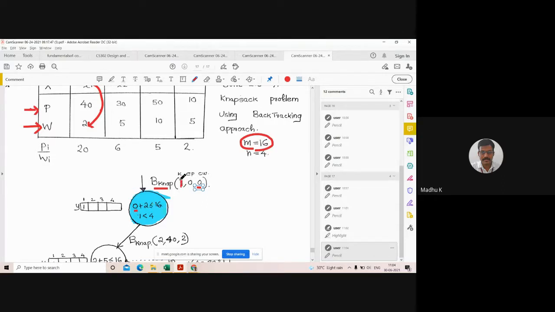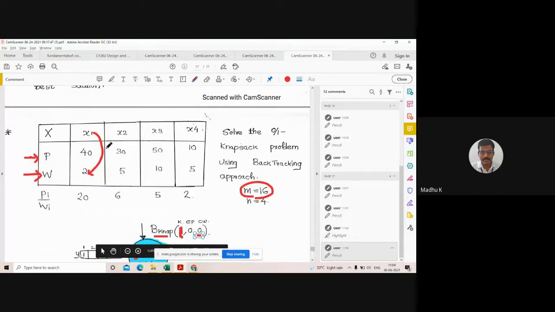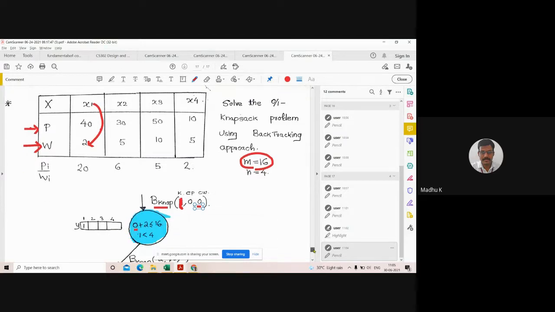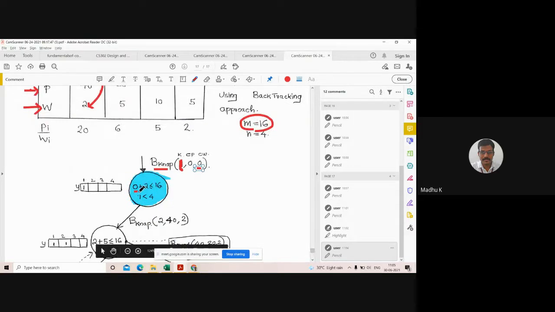This is object 1, and we are trying to add it. What is the weight of the object? It is 2. So we add the current weight with the object weight.